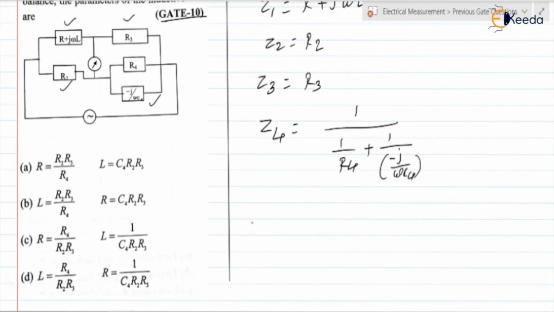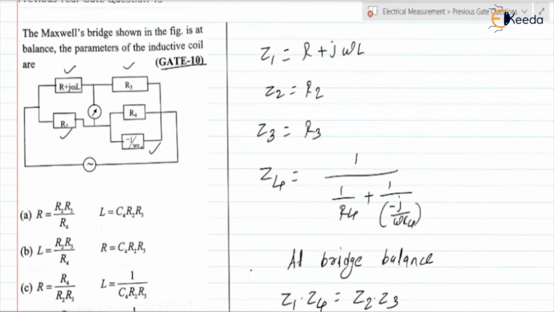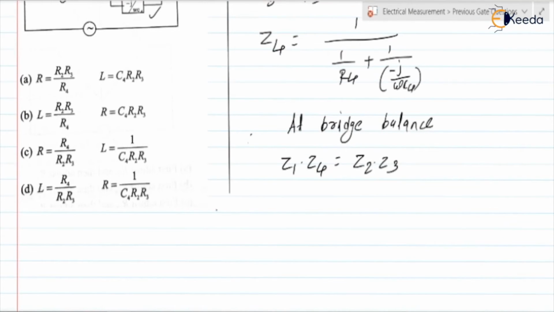So now we can write at balance condition, at bridge balance. We know at bridge balance Z1 into Z4 is equal to Z2 into Z3, right? So we can write R plus J omega L into, what is the Z4? Z4 is this term, okay.